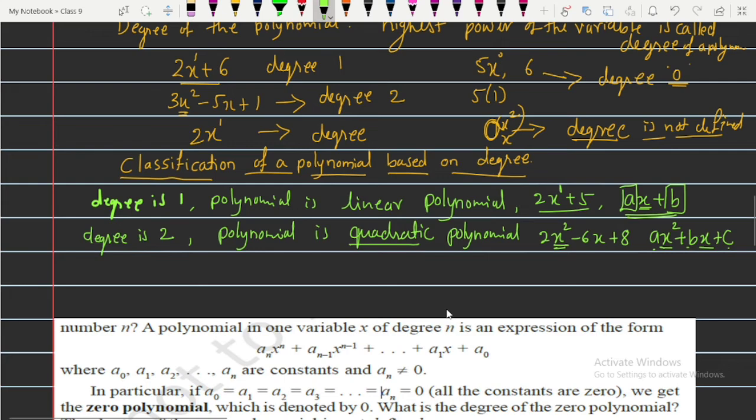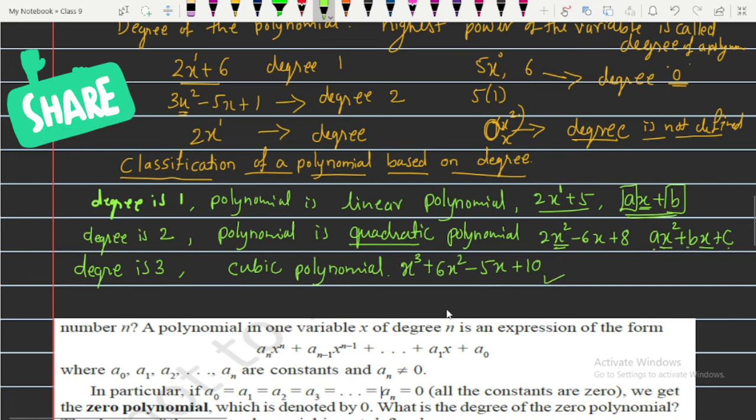Next, if the degree is 3, the polynomial is called a cubic polynomial. Example: x cube minus 6x square minus 5x plus 10. This is a cubic polynomial.